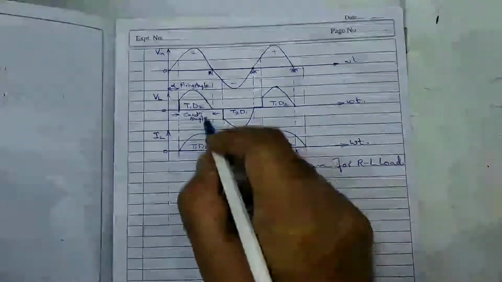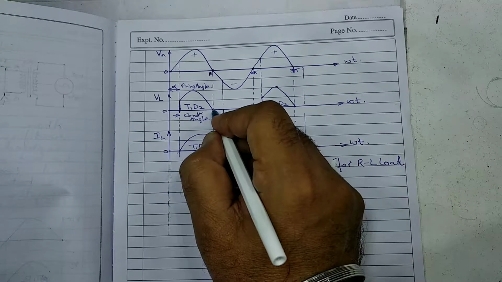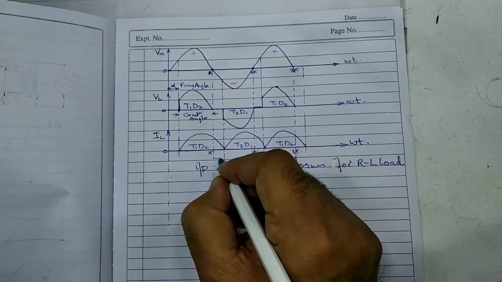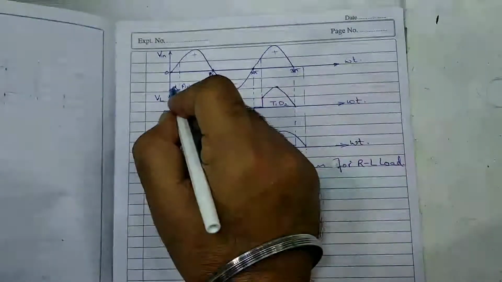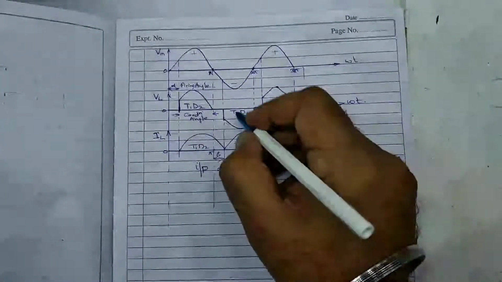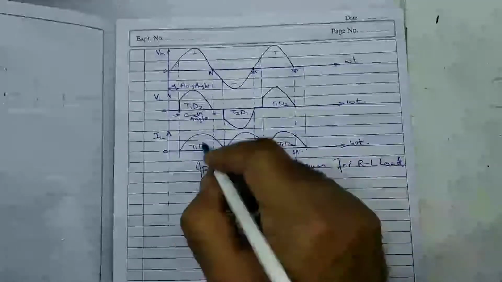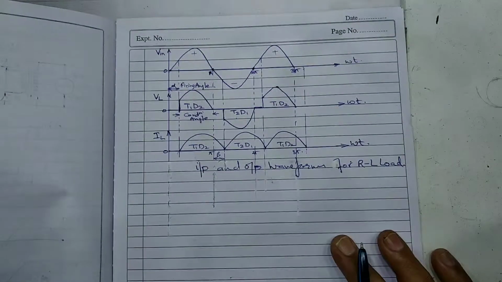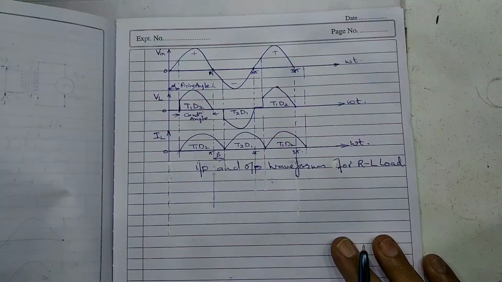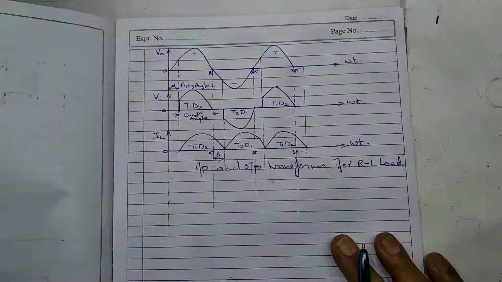The current is lagging behind the voltage by an angle beta, which is the extinction angle, and this is alpha, the firing angle. So we can see that current and voltage are not in phase with each other since this is an inductive load. So that is all on bridge rectifiers.